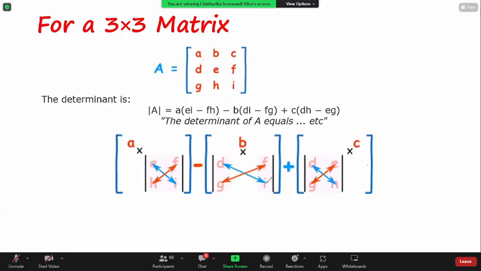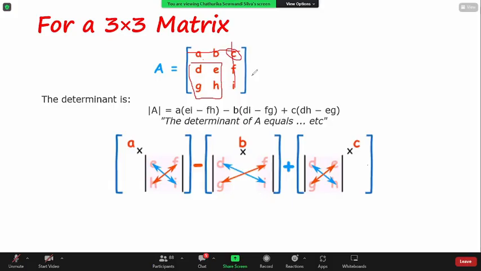Finally, you get the last element C. When you cut through the column and the row, what is left is this 2 by 2 matrix, D, E, G, H. So then C times the determinant of this particular 2 by 2 matrix.